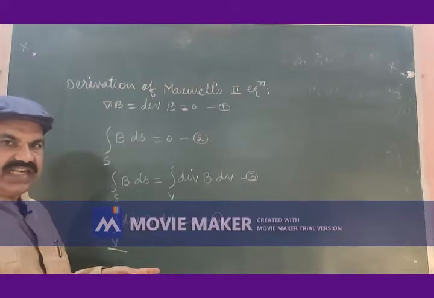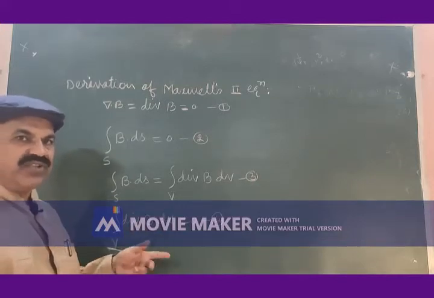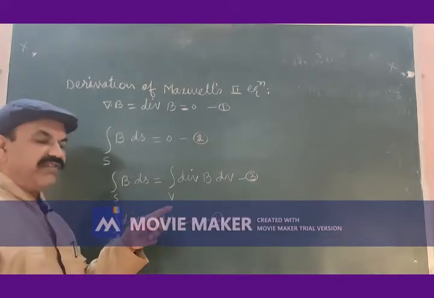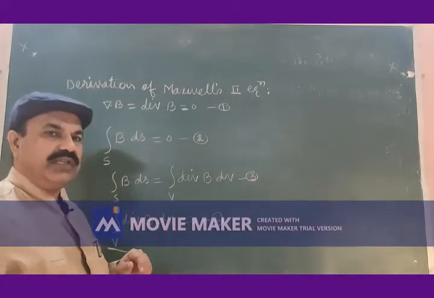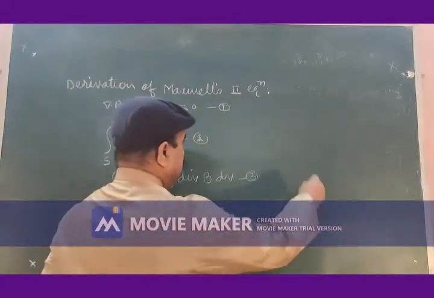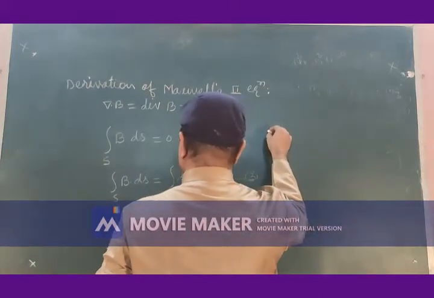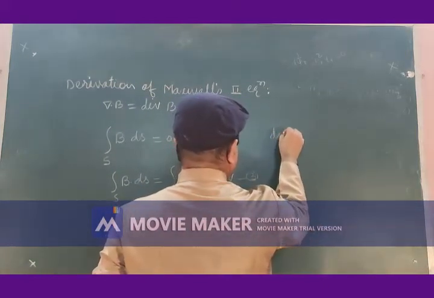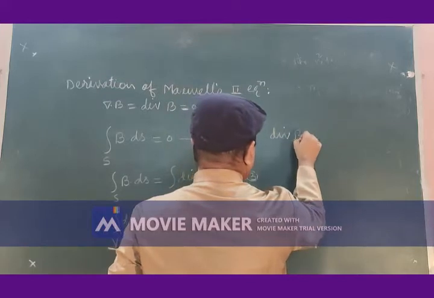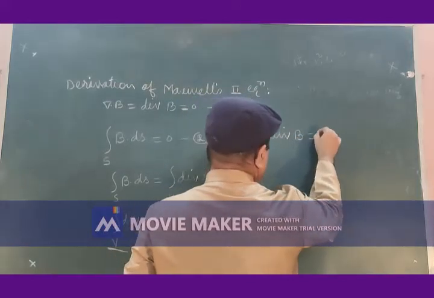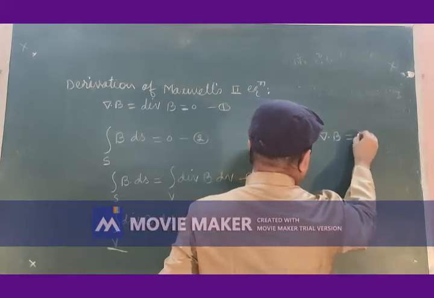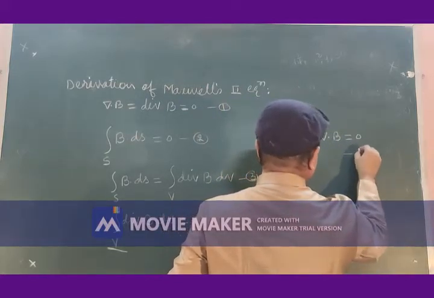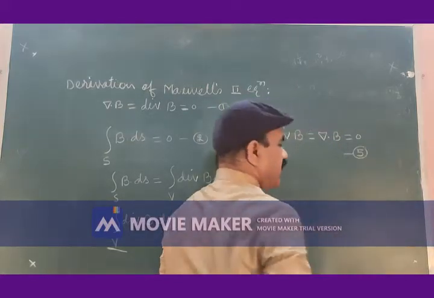Therefore divergence of B, del dot B, is equal to 0, equation number 5.